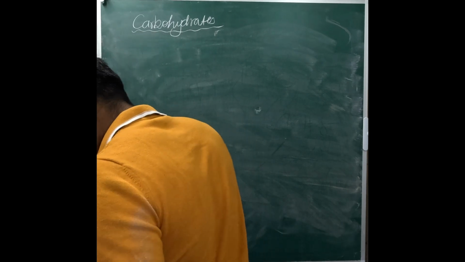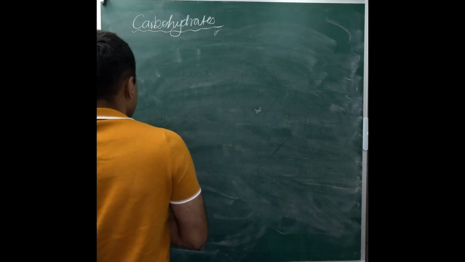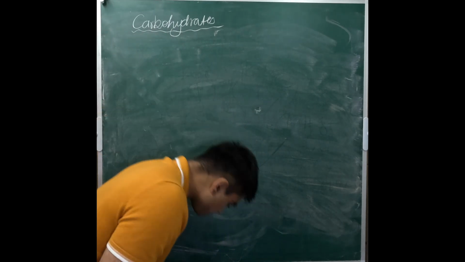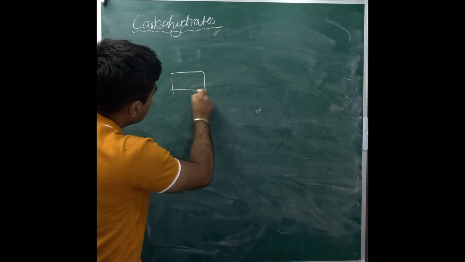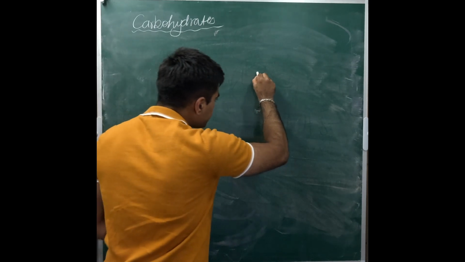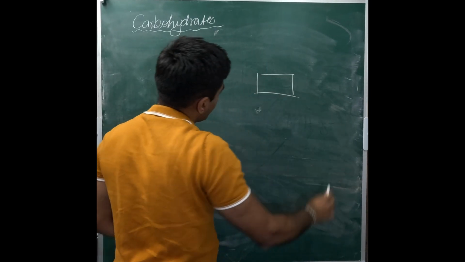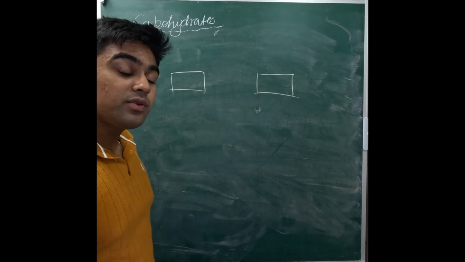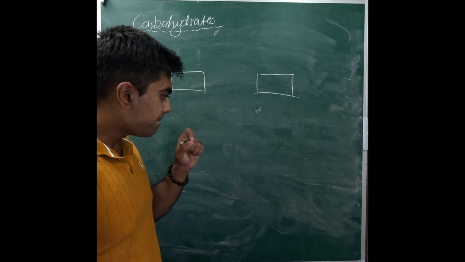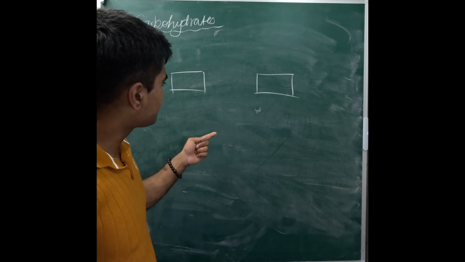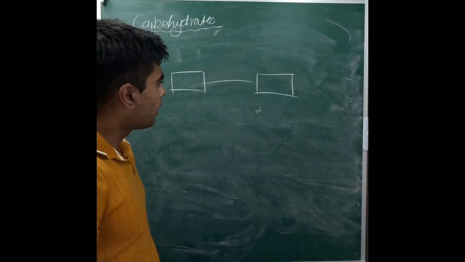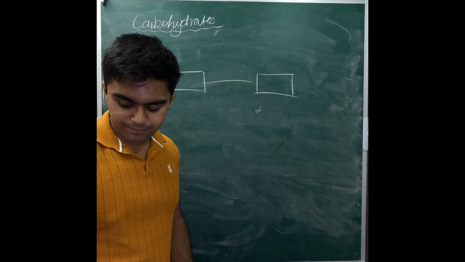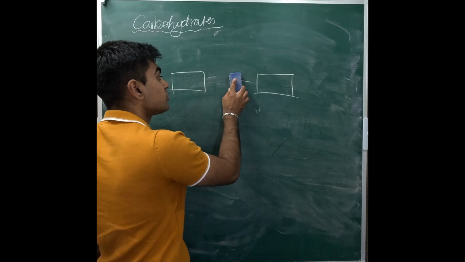Okay, so we looked at the start of the lecture, we said that we have a monosaccharide, we have another monosaccharide. And what I said was when I join these together, we form a disaccharide. But I just drew a line to indicate a bond. What is that bond? Now that's the big question.